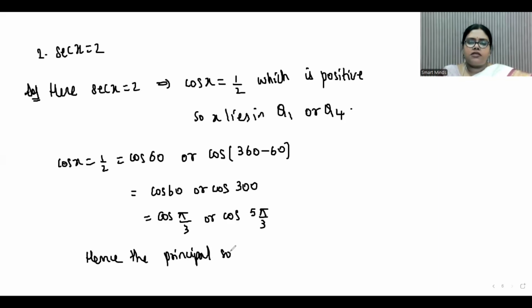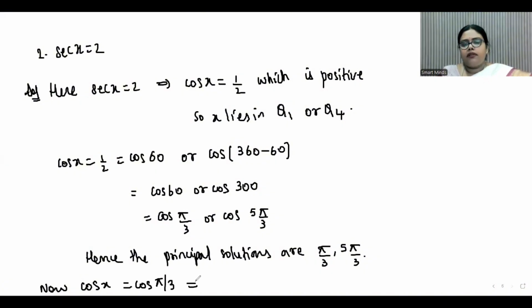The principal solutions are pi by 3, 5 pi by 3. Now, cos x equals cos pi by 3. So, what is the general solution? x equals 2n pi plus or minus pi by 3, where n belongs to Z.